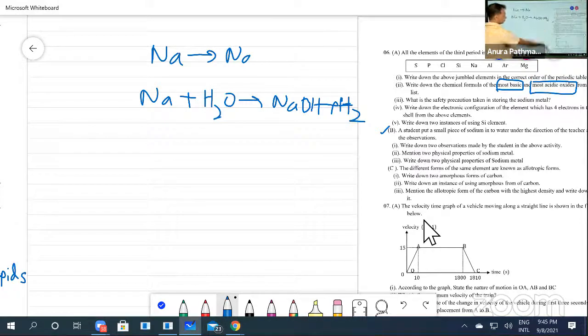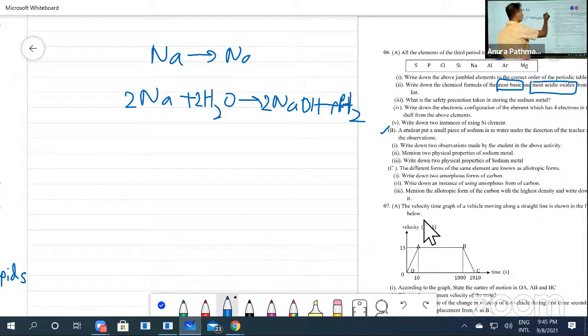If you are to balance this reaction, how are you going to balance it? If I put 2 over here and 2 over here, will it be all right? 4 hydrogen, 2 oxygen, 2 oxygen, 2 sodium. Good.